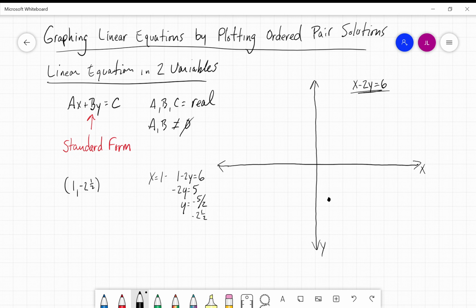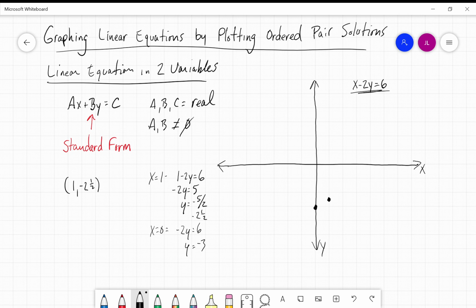Let's look at another point. What if x is equal to 0 on this line? We would have x minus 2y equals 6, so negative 2y is equal to 6, and y is equal to negative 3. So when x is 0, y is negative 3.